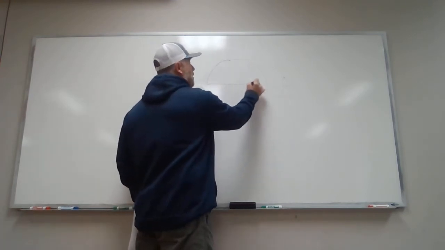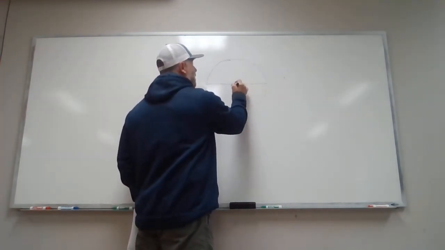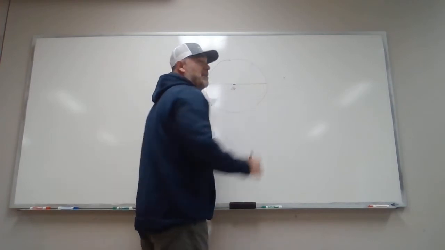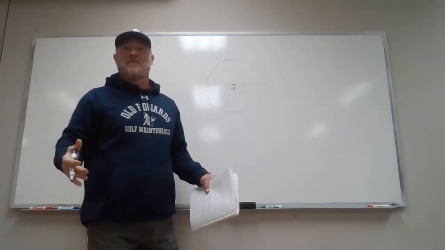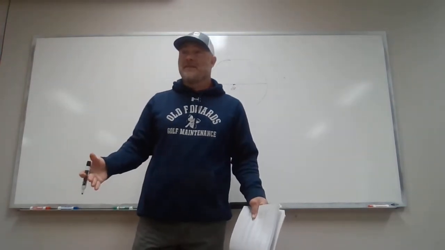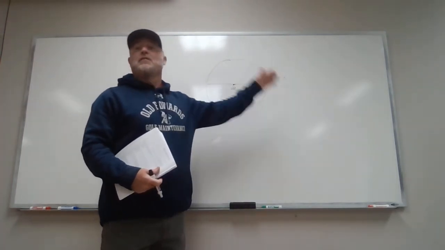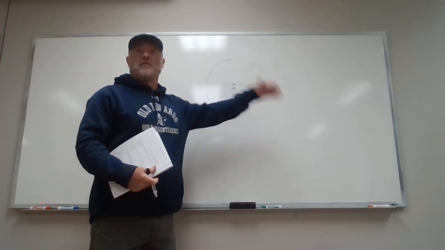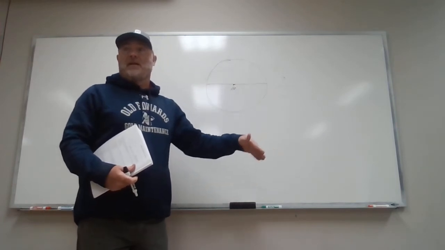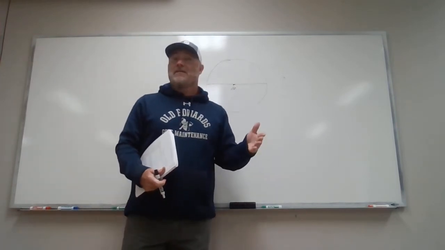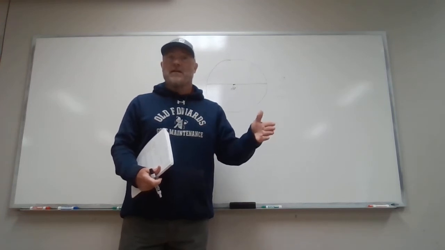It gave you the diameter of 20 feet. Does everybody know what diameter versus radius is? Diameter is the measurement completely across a round area, completely across a circle. Right? But that's not how we get the area in square feet of a circle.